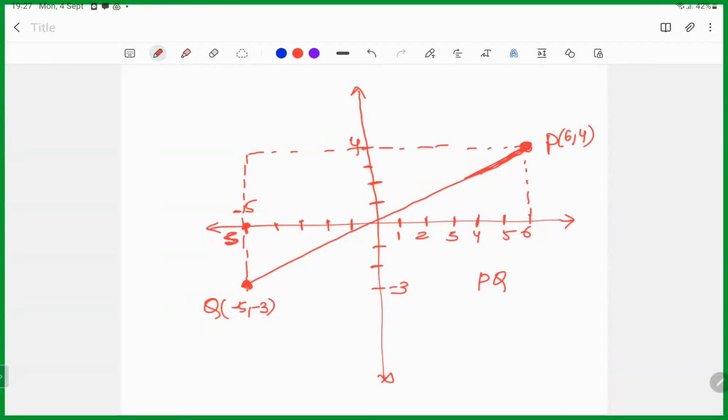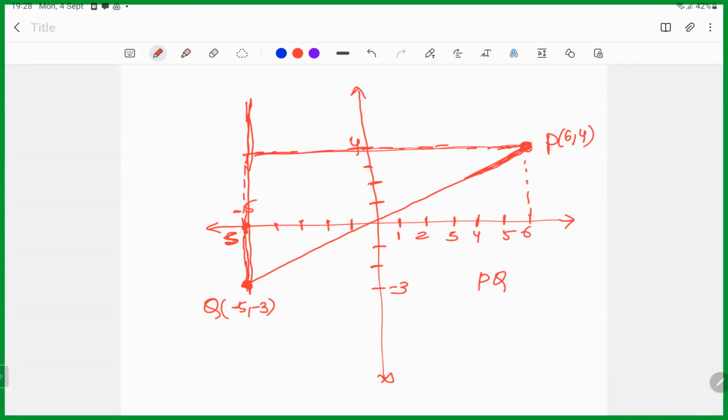First, we just need to draw two perpendiculars. One perpendicular is from Q, one perpendicular is from P.